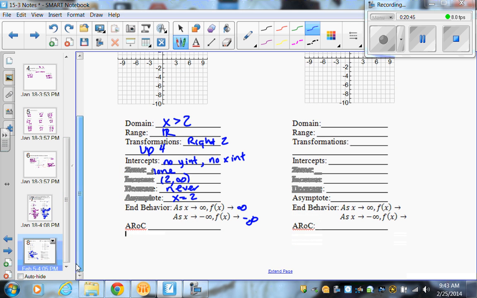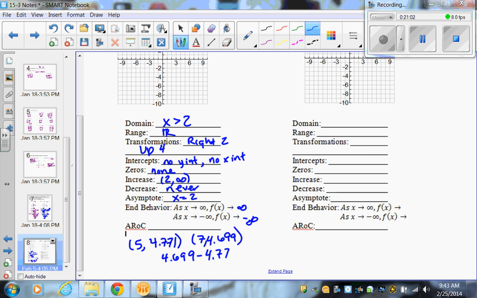Go to your table of values and scroll to 5, and you should get 4.771 and 4.699. And when you calculate this, you should get -0.036.